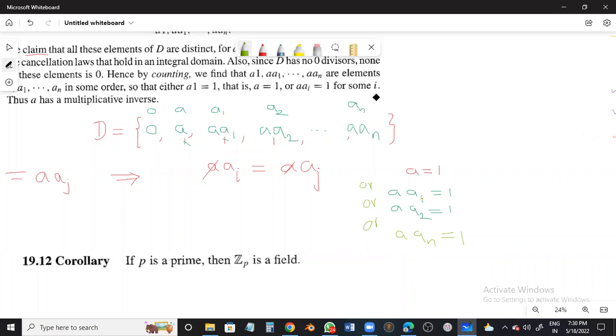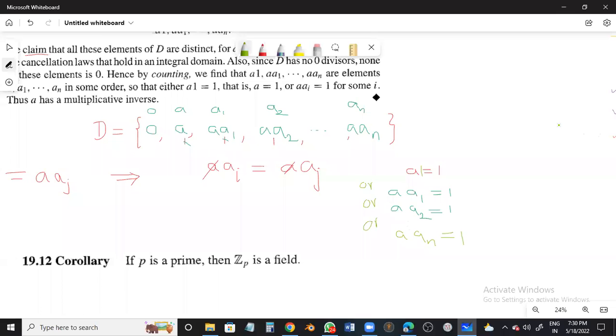So what you observe, A1 is the inverse of A, or A2 is the inverse of A, or AN is the inverse of A, or if nothing happens then A must be 1, and 1 is its own inverse. Got me? So what we achieved out of this? We are saying that every non-zero element has an inverse.